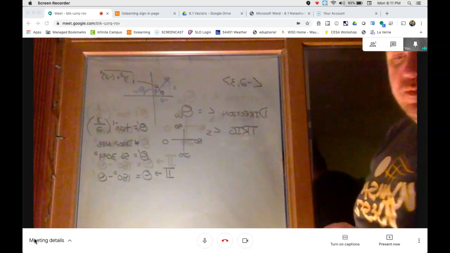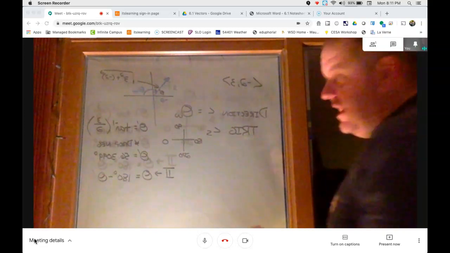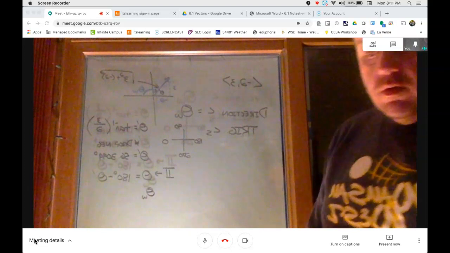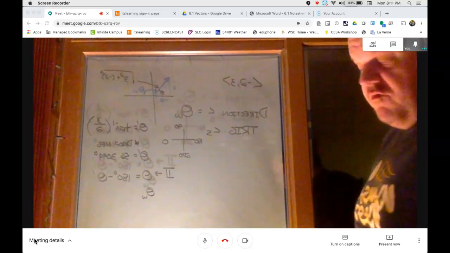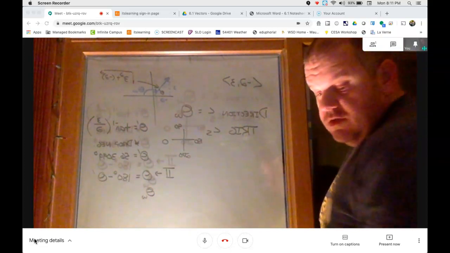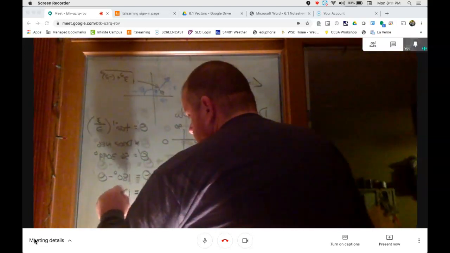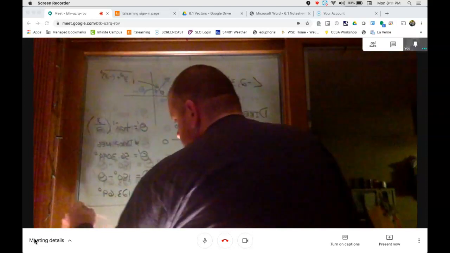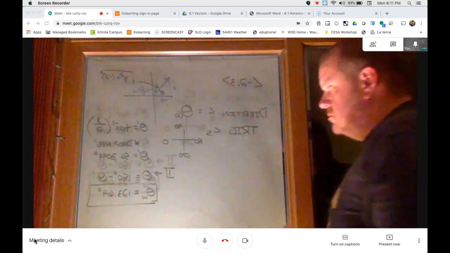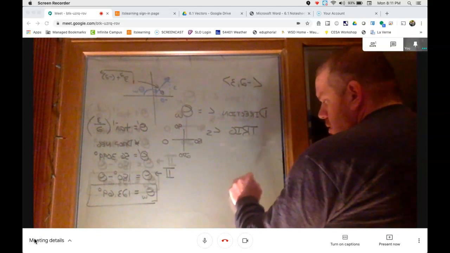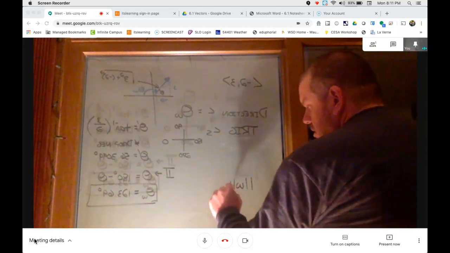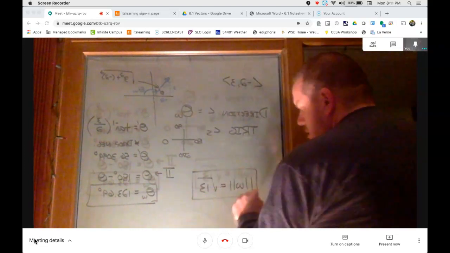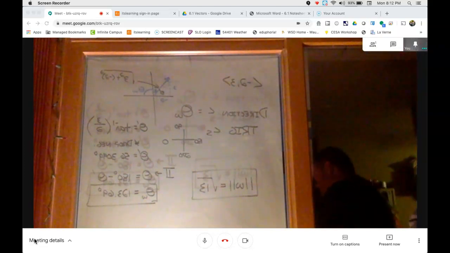That's going to give me an actual angle, which we'll call theta sub w, for the direction angle of vector w, which is 123.69 degrees, with a magnitude of the square root of 13.